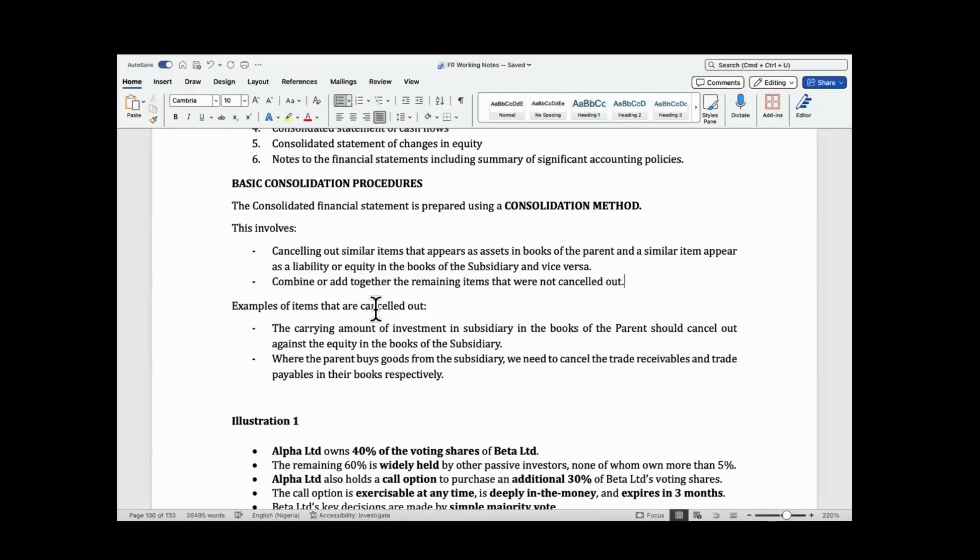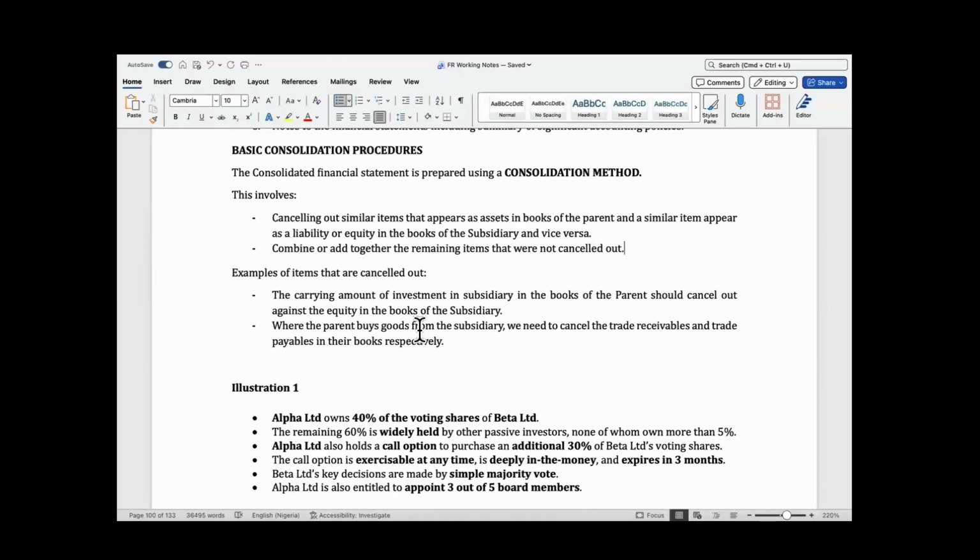And when we say canceling out similar items that appear as assets in the books of one entity and the same item appears as liability or equity in the books of another, what are those items? I would categorize them into two. Number one, in the books of the parent, it would have investment in subsidiary.